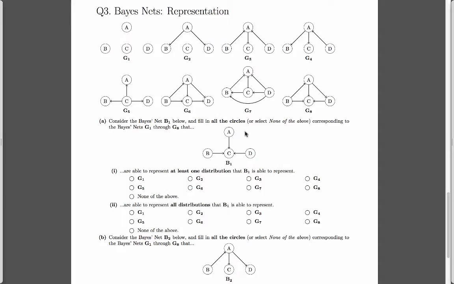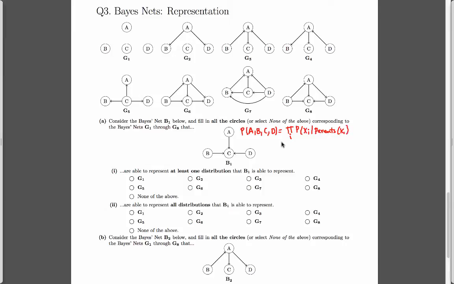And we know that we have a formula that the joint probability over all the variables, which in this case is probability of A, B, C, and D, is equal to the product over each node, say the nodes are xi, of the probability of xi given the parents of that node.